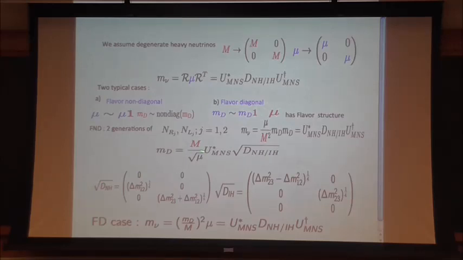For the flavor non-diagonal case, we have M_D over M, the mixing, following this structure. In the flavor diagonal case, mu is M_D squared over M, times mu, and this mu is proportional to the unit matrix.